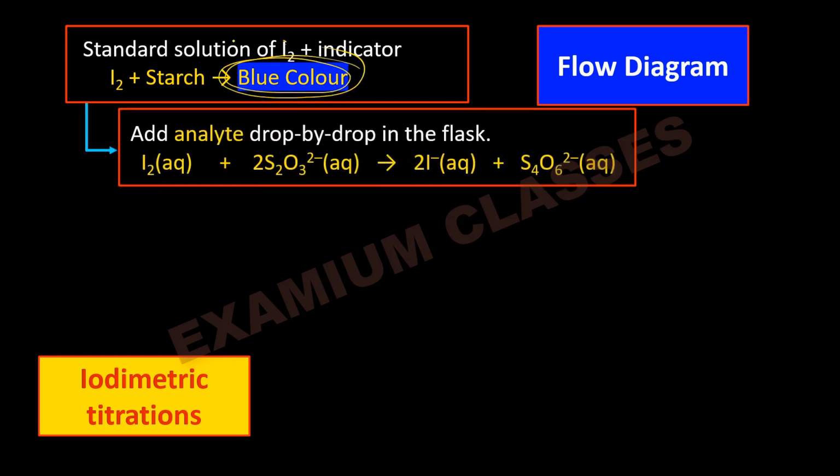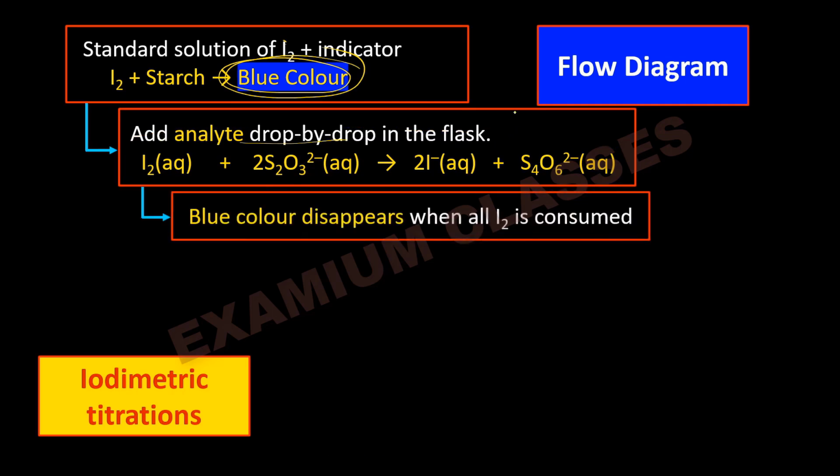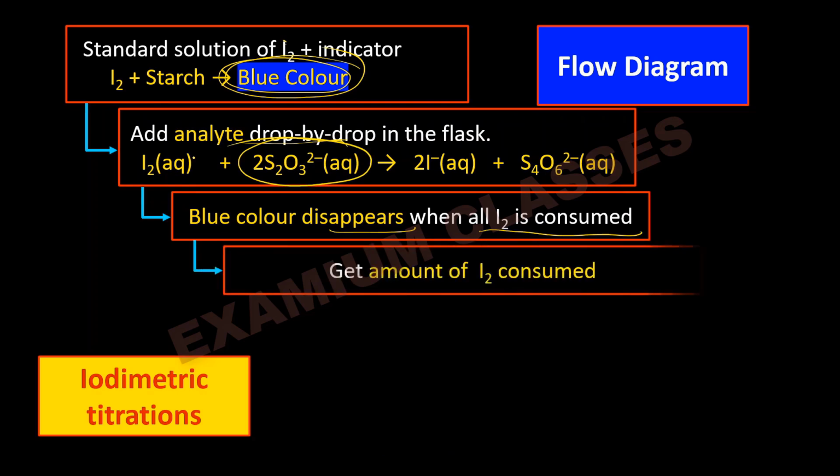After that we add analyte drop by drop into this flask. This reaction takes place. Blue color disappears when all of the iodine is consumed. By what? By sodium thiosulfate. We get the amount of iodine consumed. We already know how much amount was present in the flask.